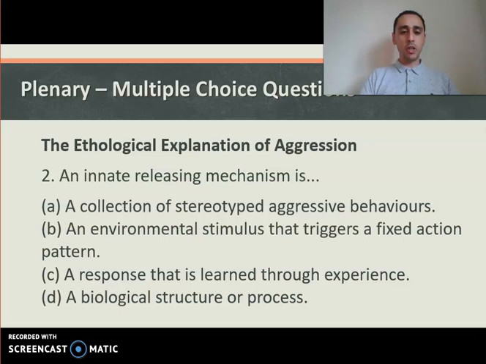Or D. A biological structure or process. An innate releasing mechanism. I think it's D. Let's go with D. Good, D. Well done to me, the teacher. A biological structure or process.